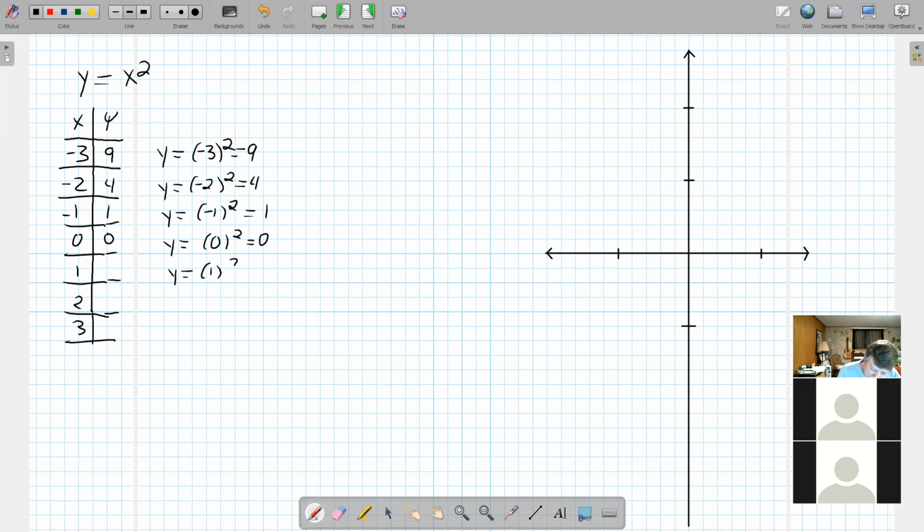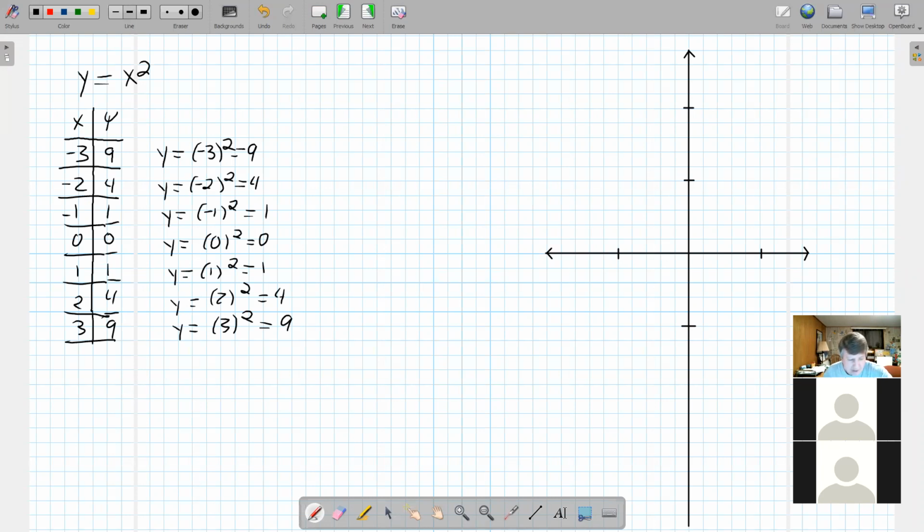If x is 1, y equals 1 squared, which is 1. If x is 2, y equals 2 squared, which is 4. And if x is 3, y equals 3 squared, which is 9. Any questions about those calculations?